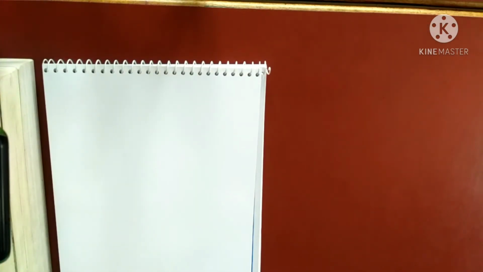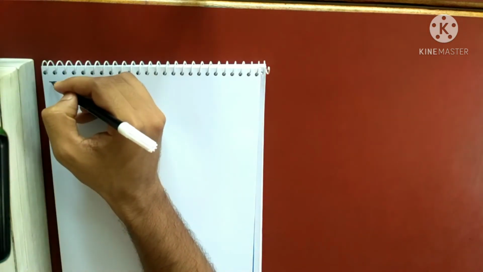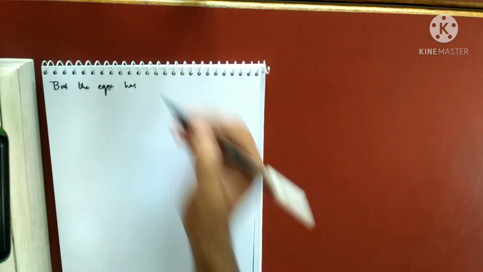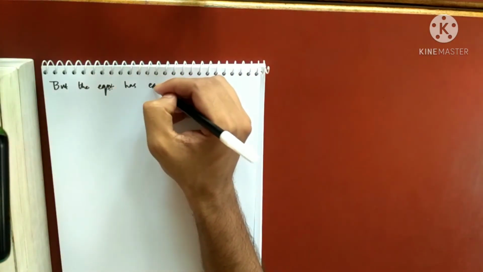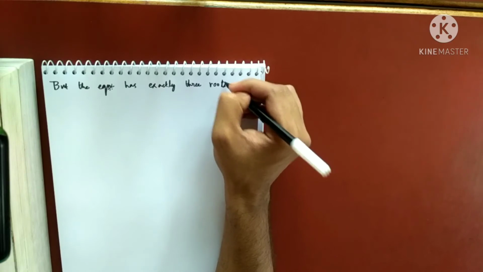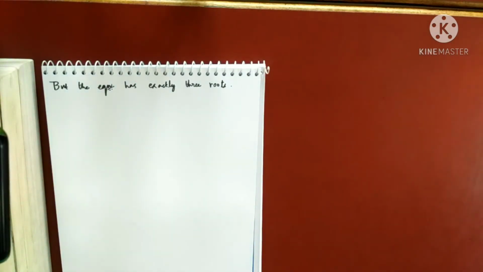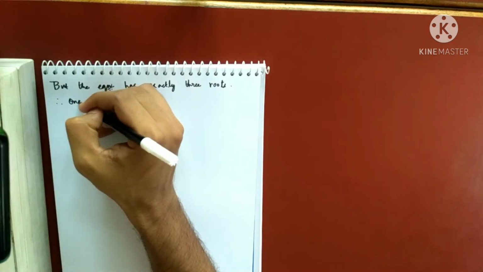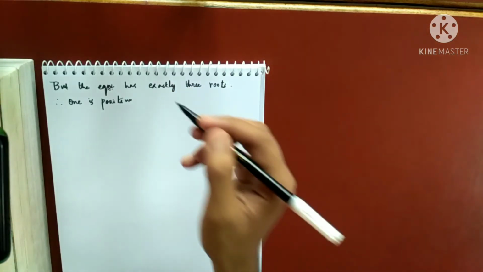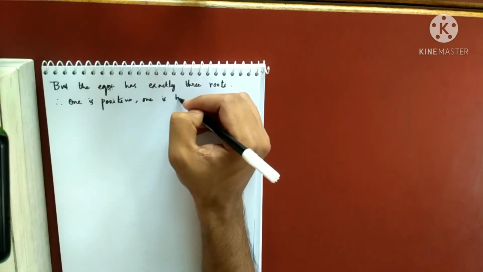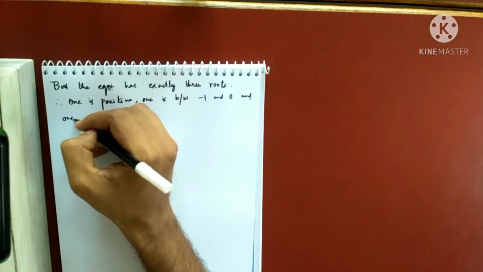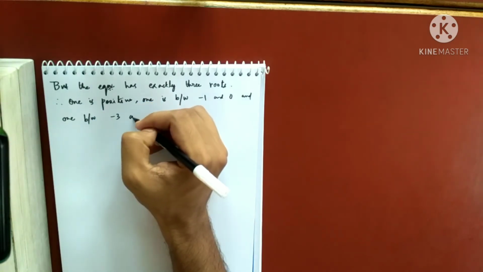But the equation has exactly 3 roots because the degree is 3, you know that. One is positive, one is between minus 1 and 0, and one between minus 3 and minus 1.